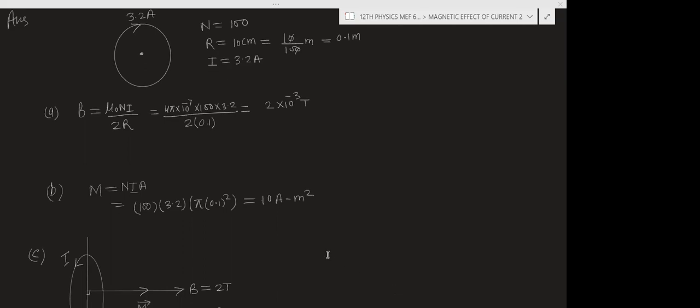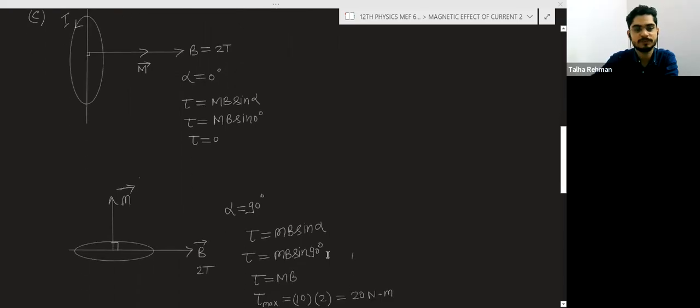Next topic will be the moving coil galvanometer. Write down this first, then we will discuss that. It is the last topic of this chapter.